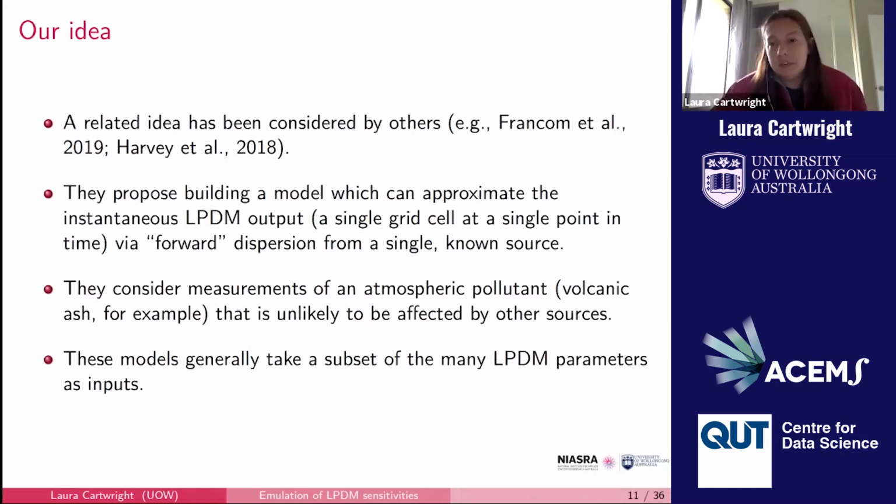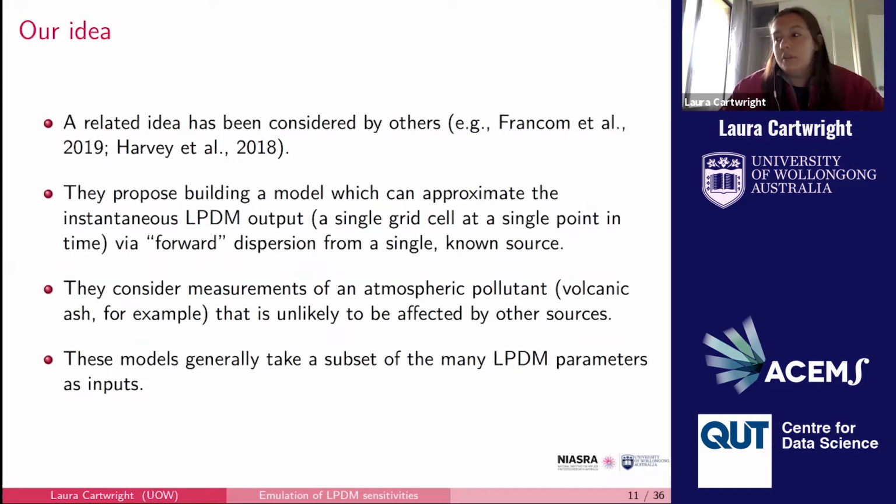This idea has been considered before, but in a somewhat different setting. In the past, it's been proposed that you could build a model which would approximate an instantaneous output from the Lagrangian model, like a single value at a single grid cell, at one point in time. Particularly, this has always been forward dispersion from just one known source, and that source, to make it easier, is usually not affected by other things going on around it.